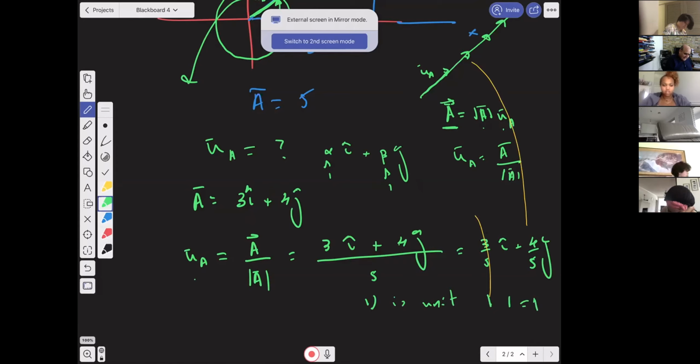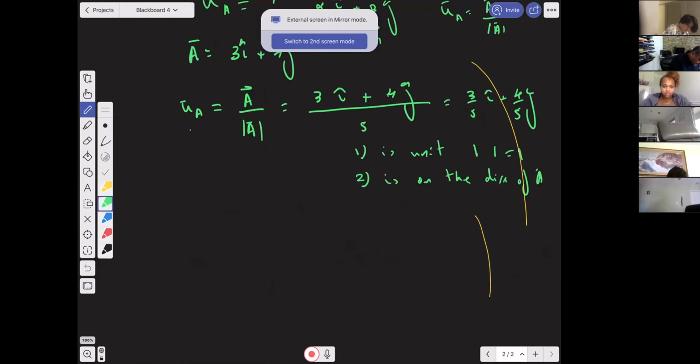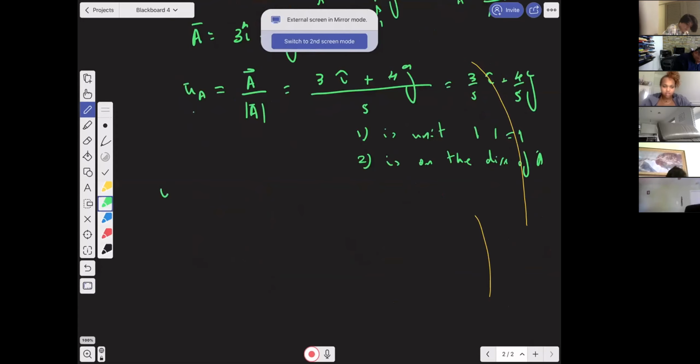And the second test is on the direction of the vector A. So let's prove that this is correct. The vector that I found is u sub A equals 3/5 i plus 4/5 j.